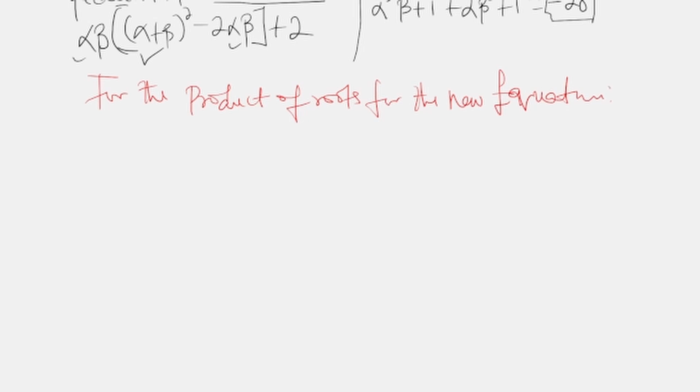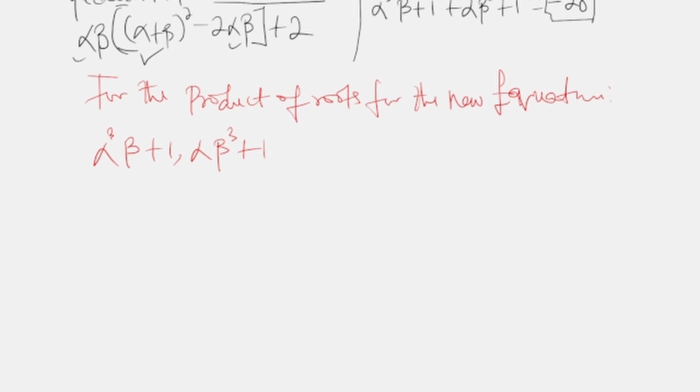All right. Now, let's go ahead and solve for the product. Remember that the formula which they gave to us was alpha cubed beta plus 1. And then we have again alpha beta cubed plus 1.